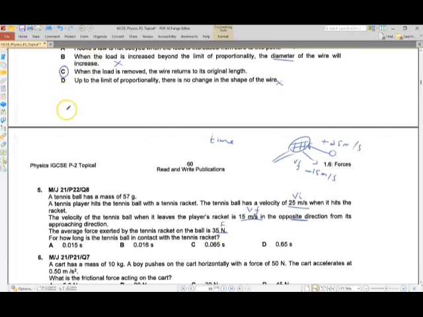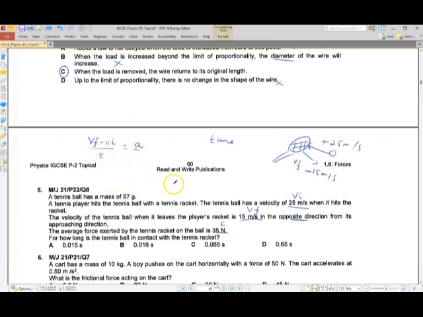Now all of this can be put into a formula, and then you will be able to get the time. But we don't have the acceleration as yet.